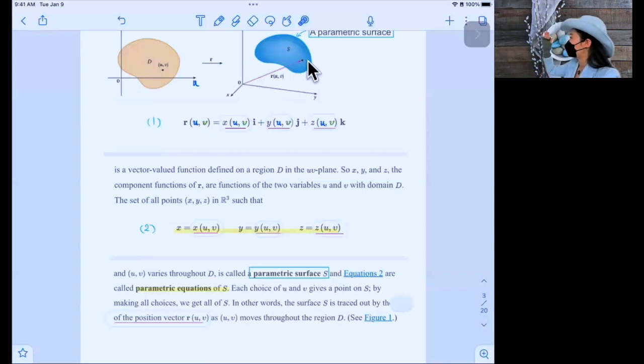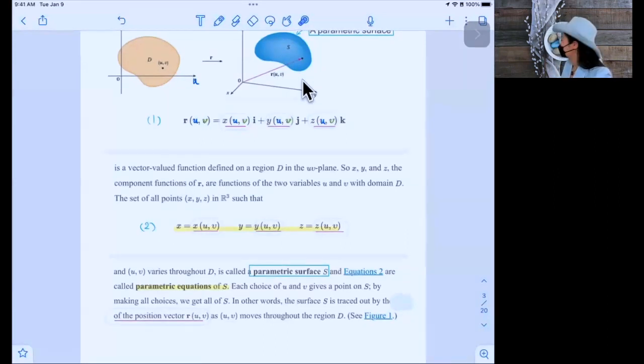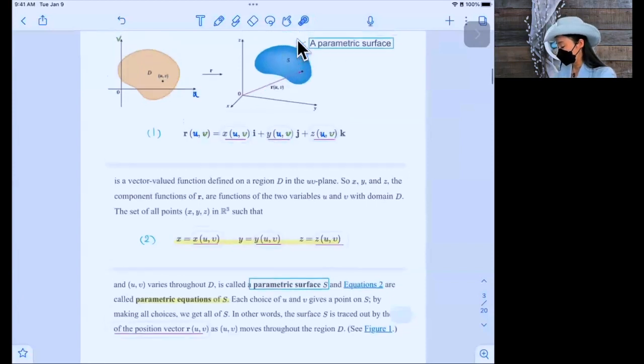It's kind of like those laser pointers pointing to the sky. It's going to change, move and move and move like that. And then the tip of that traces out this parametric surface right here. Okay, there's a new concept. So we map this region on the uv plane to a parametric surface.